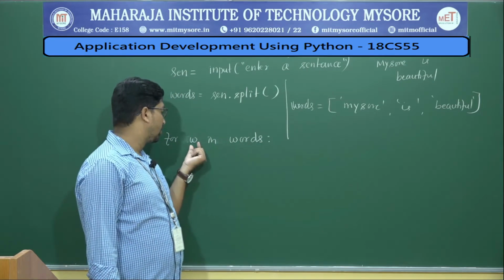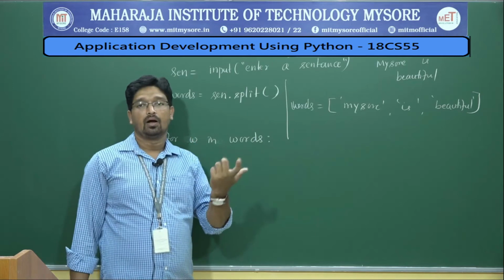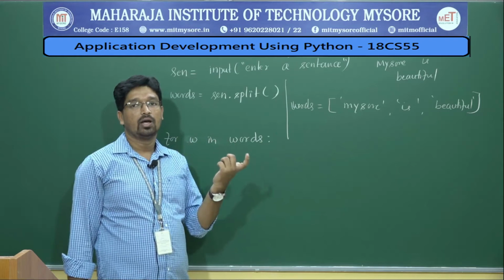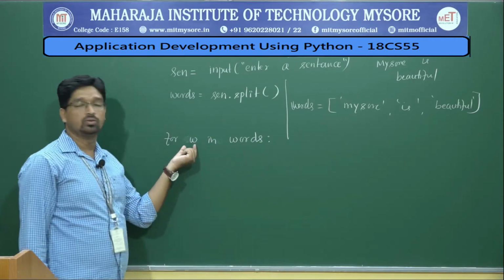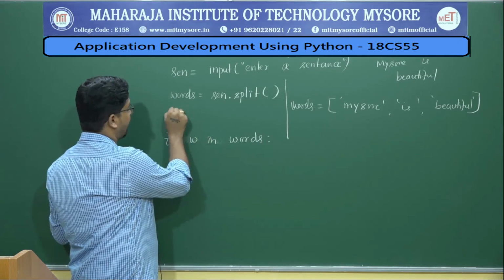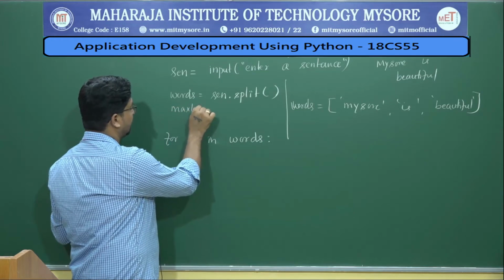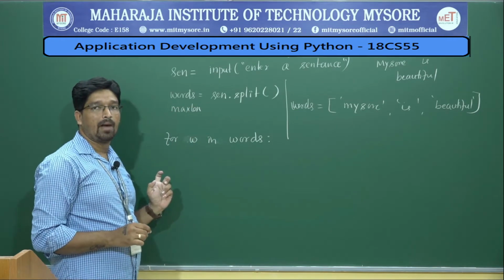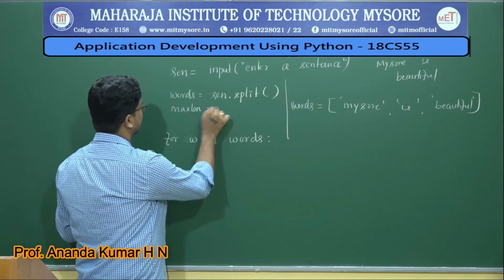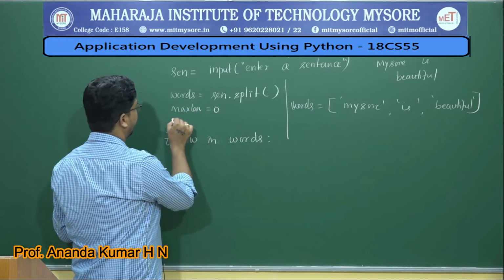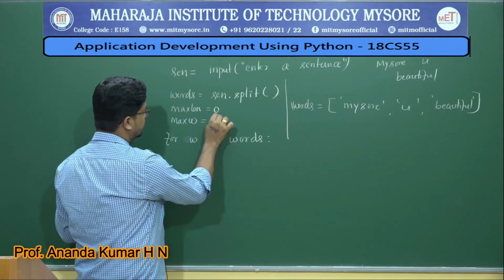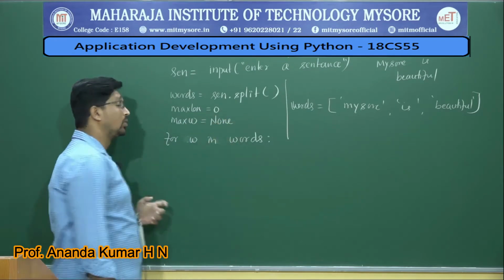Next, I need to check whether w has the maximum length. For that, I will take two variables. Let us say max_len is equal to 0, and max_word is initially None.